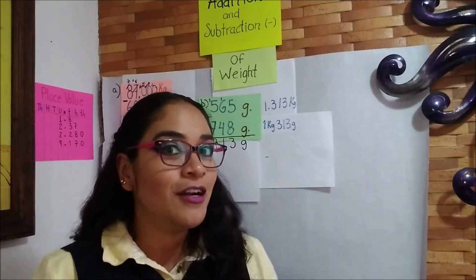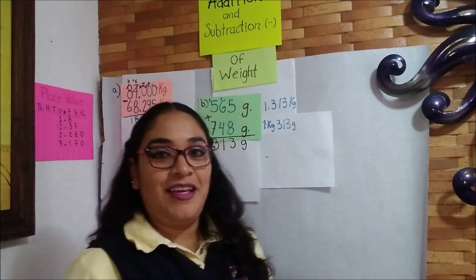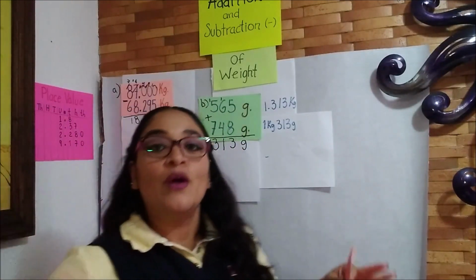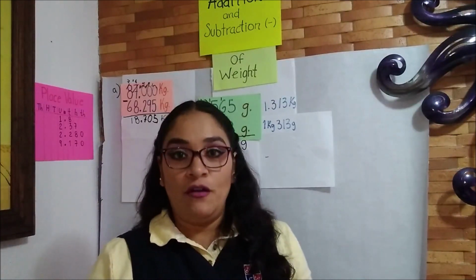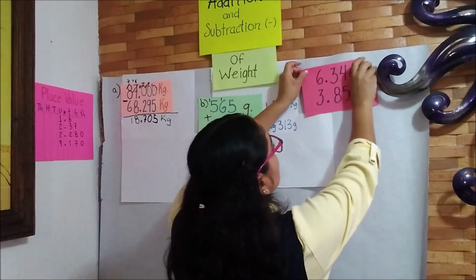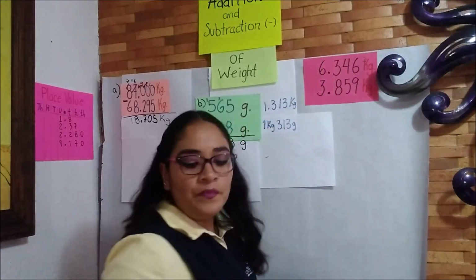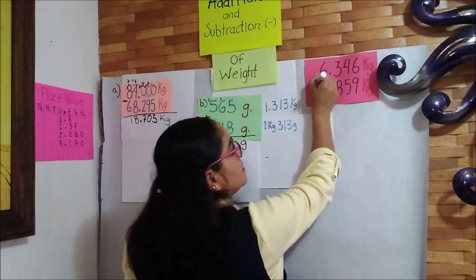Does it sound familiar to you? Okay, yes, it is like the first one. We have a total amount, we have one weight, and we need to know the weight of the other fish, alright? So, since it is the same as the first one, what do we have to do? A subtraction.